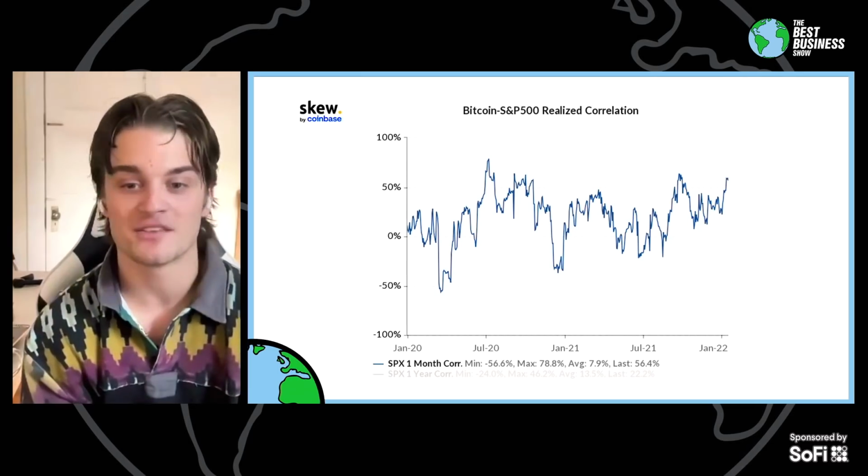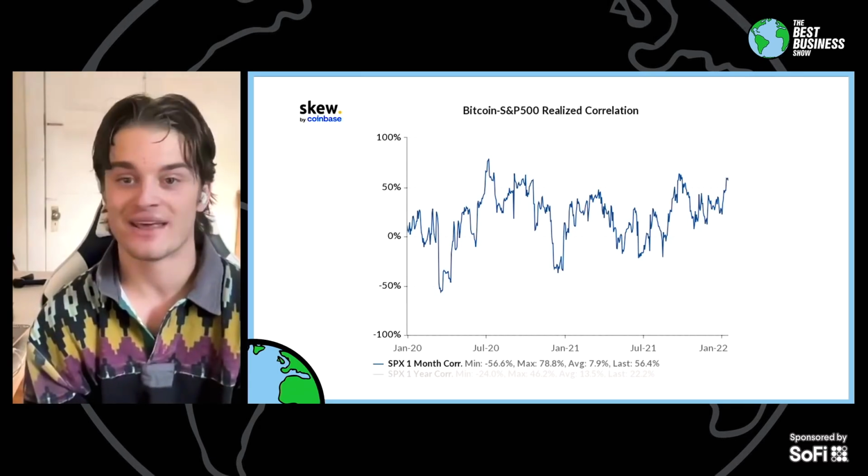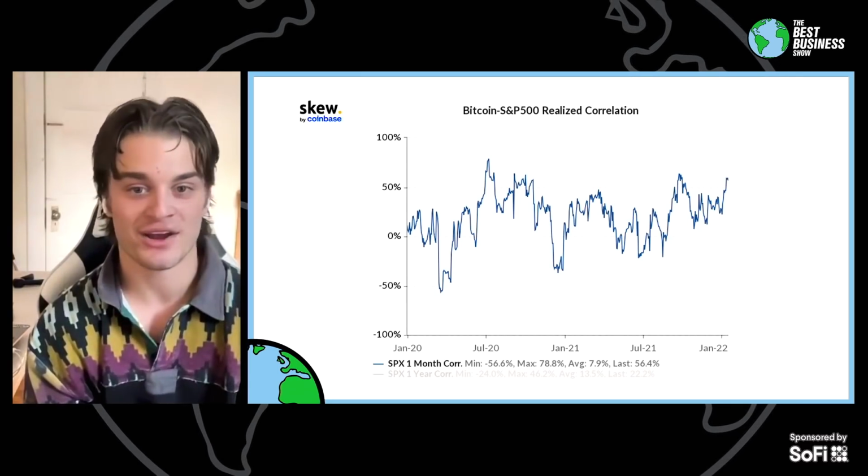And that's okay, because the people that have conviction and understand the thesis for a non-sovereign asset in the digital age that can't be printed or manipulated, they understand what Bitcoin is and are happy to buy at a discount.